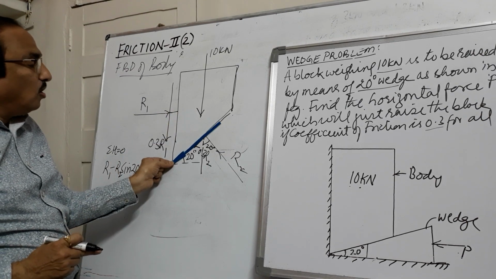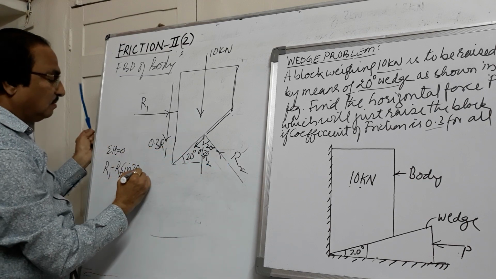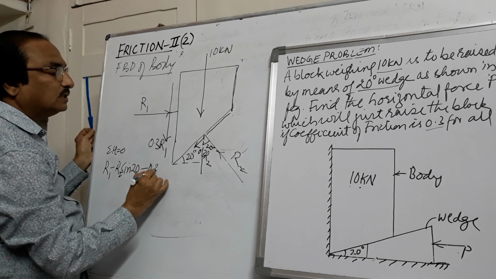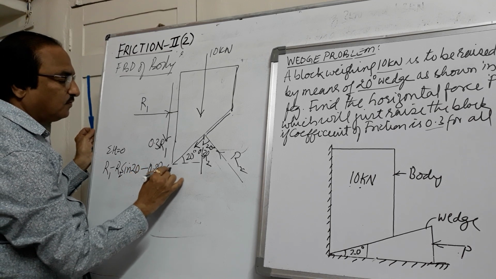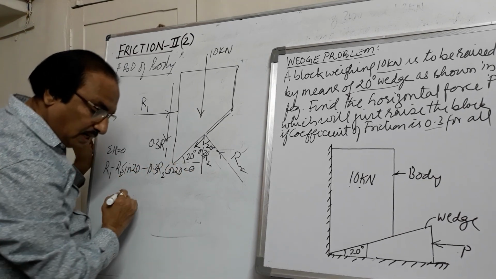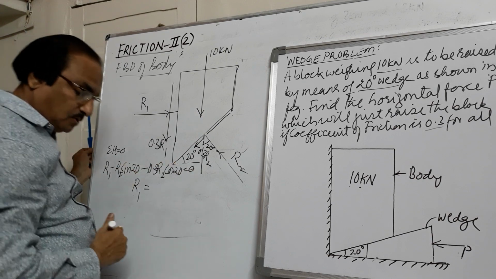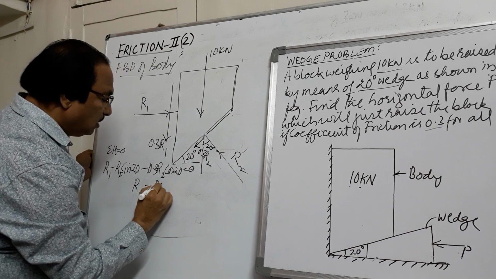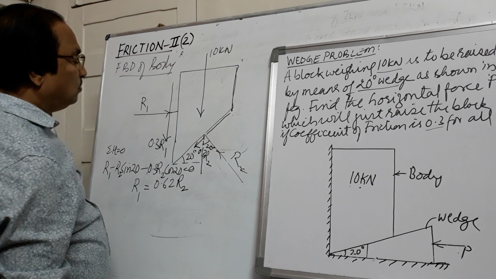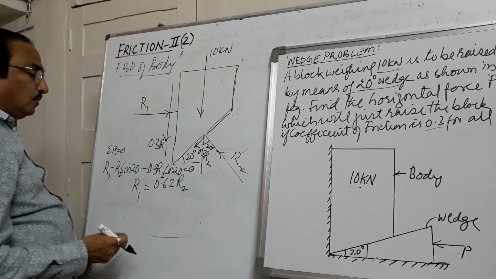If I resolve it horizontally, we are going along the angle and the direction is left. So it will be minus 0.3 R2 cos 20 is equal to 0. So if you simplify this, taking the R2 terms on the other side, you get R1 is equal to 0.62 R2.